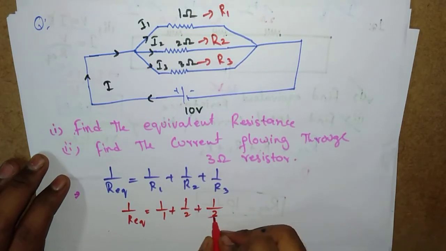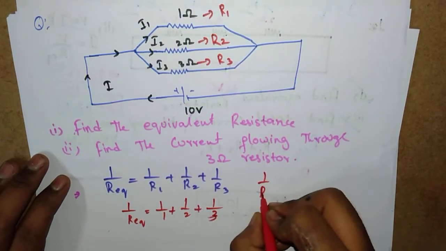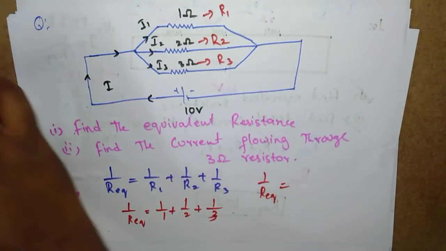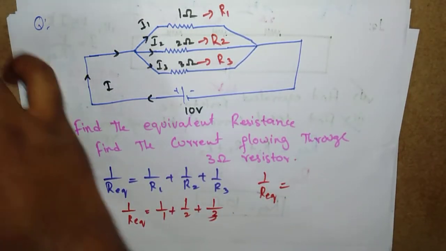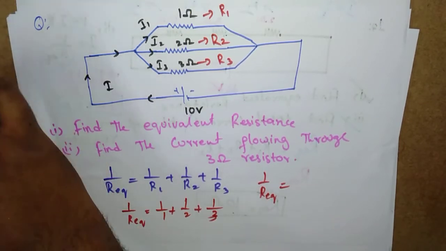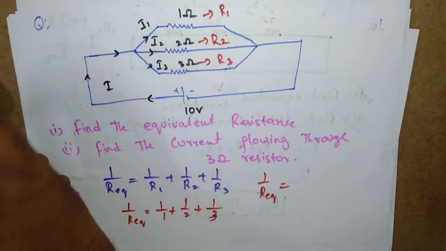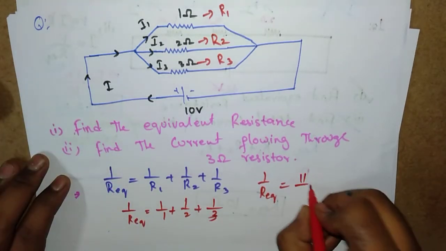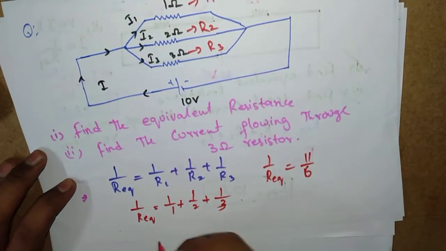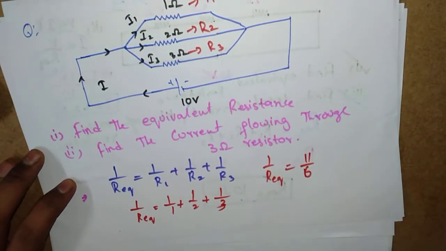Then 1 by R equivalent, just wait, I am calculating. 1 by 1 plus 1 by 2 plus 1 by 3. I am getting 11 by 6. How am I getting 11 by 6?